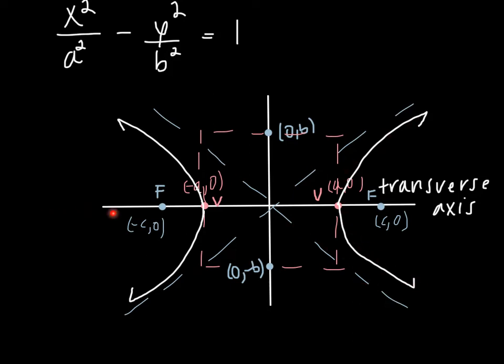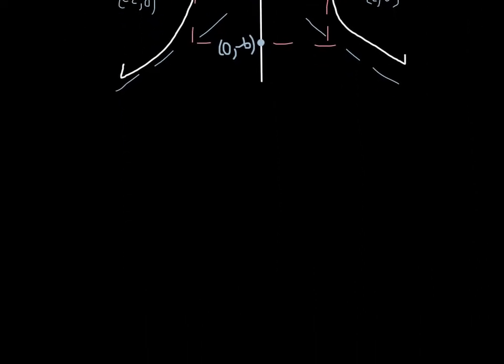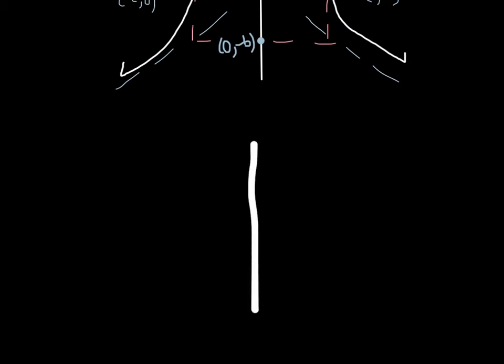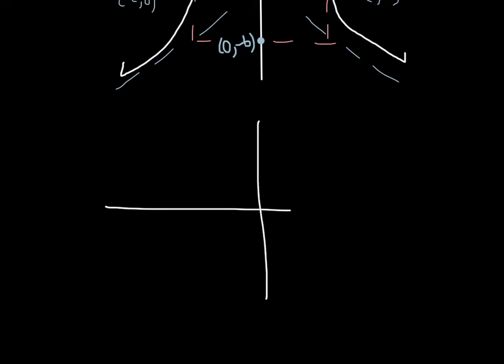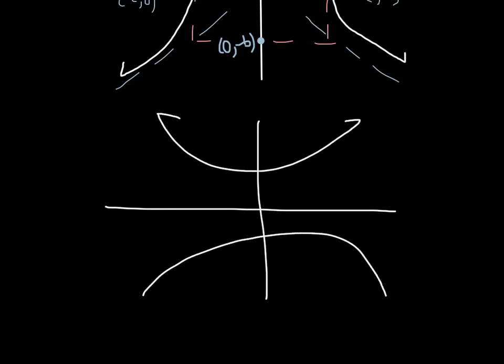Once again, we have an axis. This time it's the transverse axis, which runs through the center of both branches of the hyperbola. Like with the ellipse, our hyperbola can open in the opposite direction. If we do a new graph, we can have our hyperbola opening up and down instead of left and right, and our asymptotes would be like this. This is a very rough sketch.